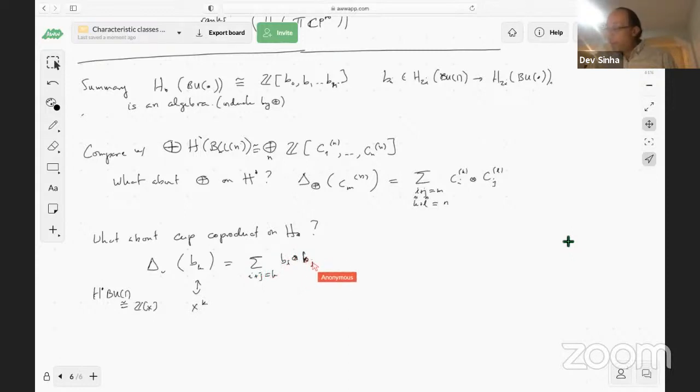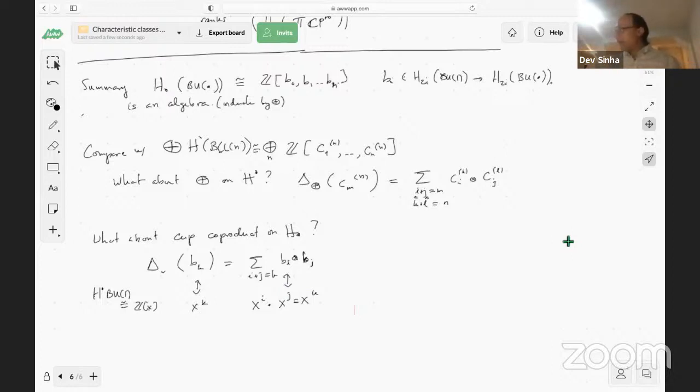That's because x^i times x^j is x^k for all i plus j equals k. So that's a quick way to understand the coproduct. But then what about the rest of the coproduct structure?